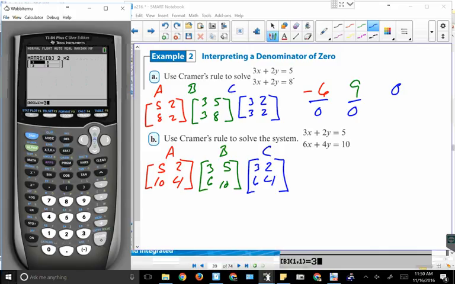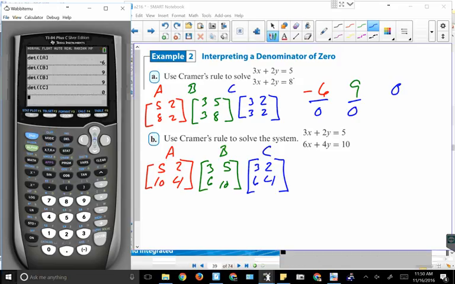So 3, 5, 6, 10. Enter. Second quit. Second matrix, edit C, 2 by 2 again, and we end up with 3, 2, 6, 4. Second quit.